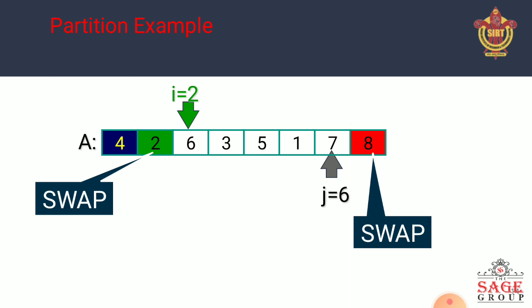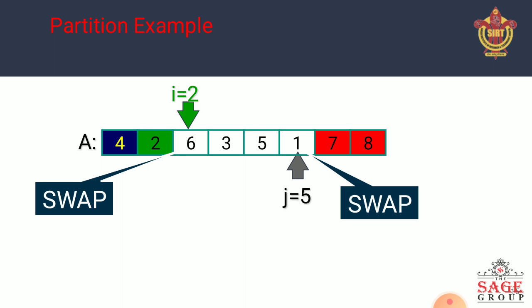In the next step we have seen 6 is larger than 4, so i stops here. At j, the value is 7, which is larger than 4, so our jth pointer decreases again and reaches the next index, which is 5.